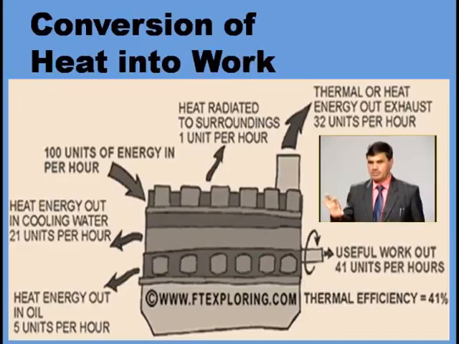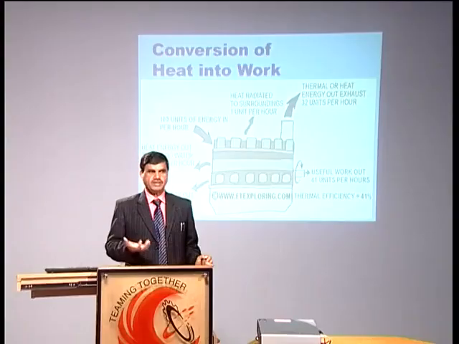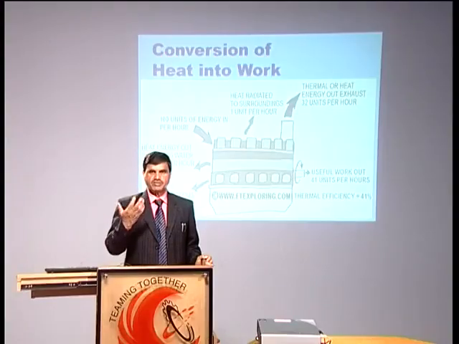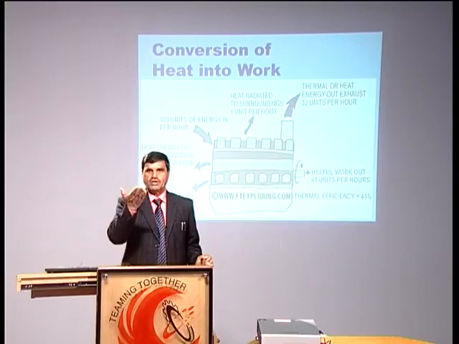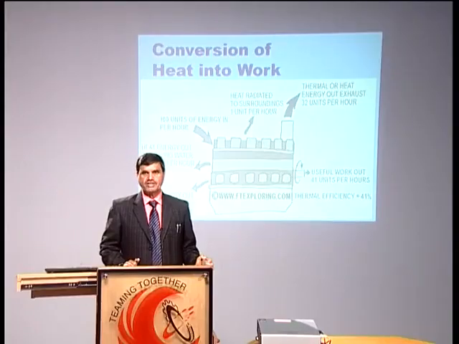There has to be some mechanism so that friction can be reduced, and that reduction is with the help of oil. This oil also stores some of the heat. For heating that oil, some heat is needed. So 5 units of heat have been given to the lubricating oil also. So 21 went with the cooling water, and 5 went with the lubricating oil.